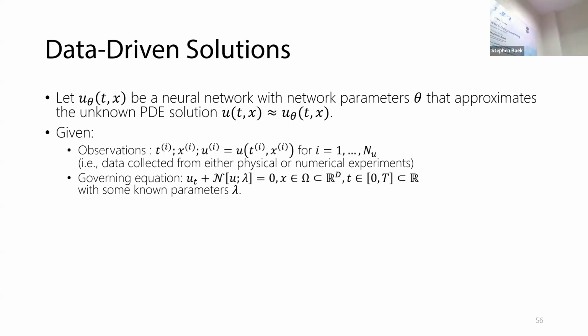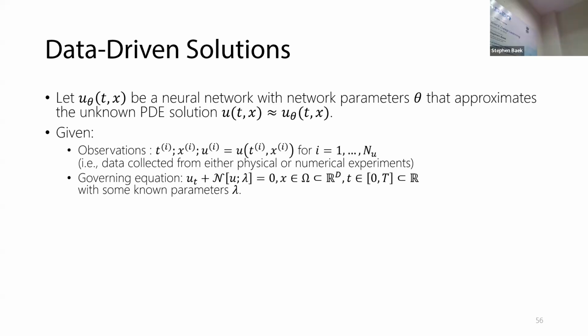Now, the assumption here is that we're given two things. One is data. The data must be given at some time t and physical location x, right? And for those t and x, we expect that there's the corresponding physical value u, right? In terms of the notation, we use the superscript i with the parenthesis to denote the ith point in your data set.